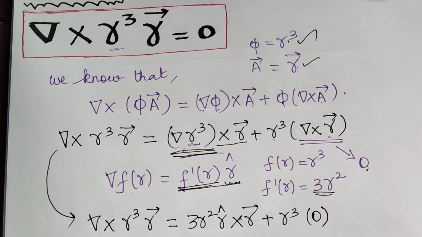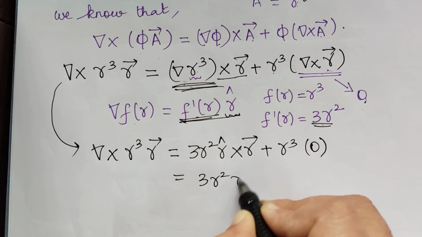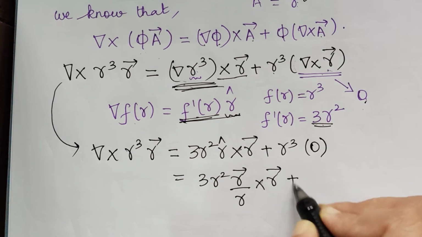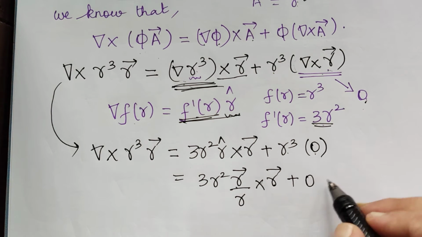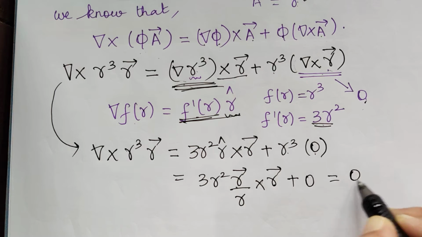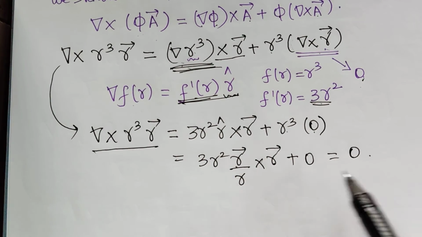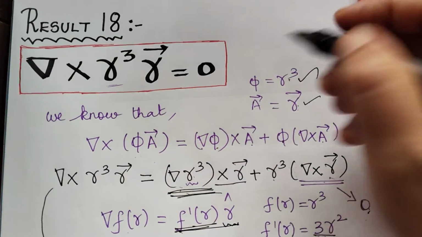So we have 0 over here. Now r cap can be written as r vector divided by r, cross product with r vector, plus this is 0 already. But we know that r vector cross r vector is equal to 0 vector, therefore it is equal to 0. Hence we have proved that ∇ × (r³ r vector) is equal to 0. So we are done with this result 18.